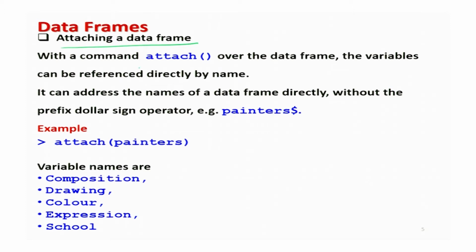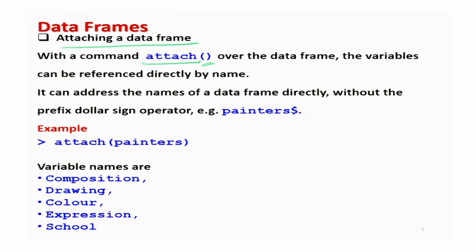So you write the command attach, which is the function for attaching, all in lowercase, and then inside the parentheses you write the name of the data frame. After that, if you execute any command, you will not need to write the name of the data frame followed by the dollar sign.